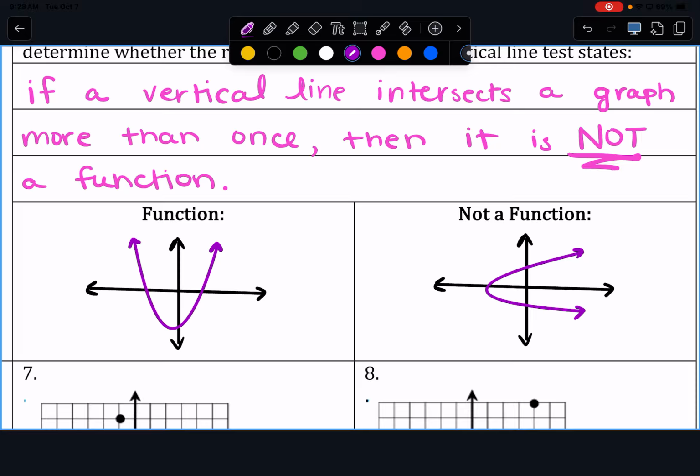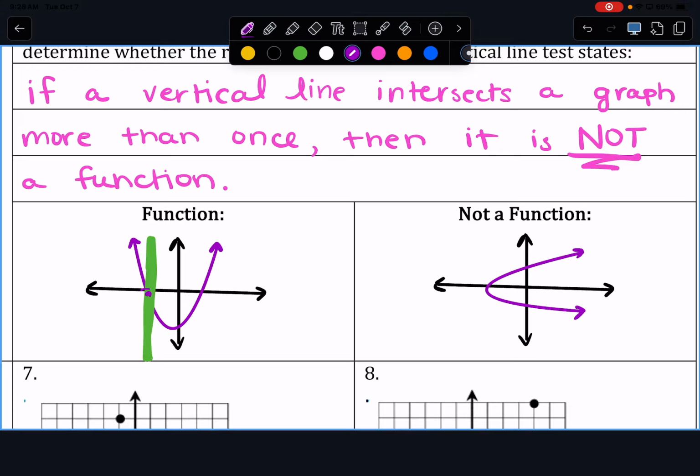Okay, so when we look at something that is drawn like that, and we use a vertical line, I'm going to get a color that will show up more distinctly. And I draw a vertical line on that. How many times does that line I drew intersect the graph? One.